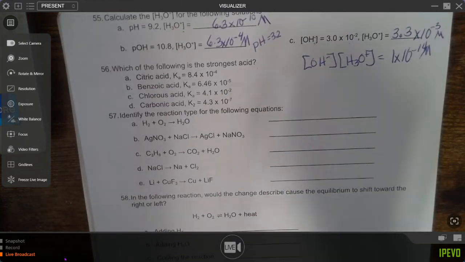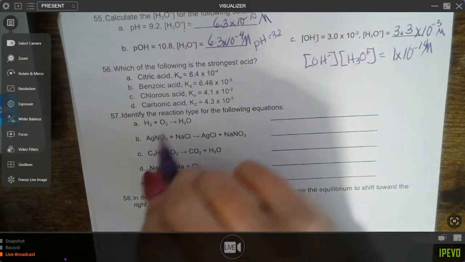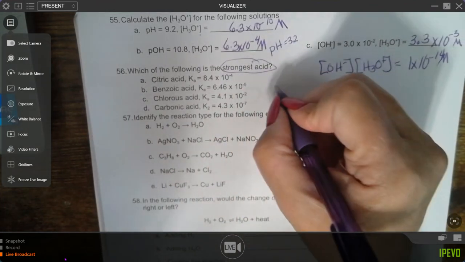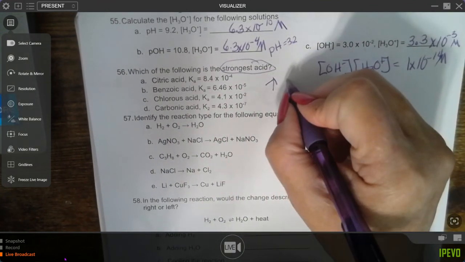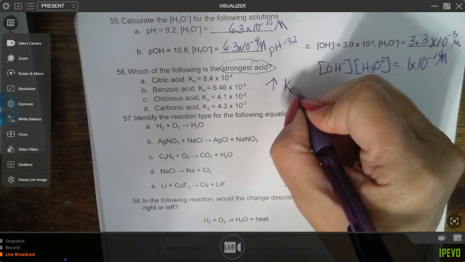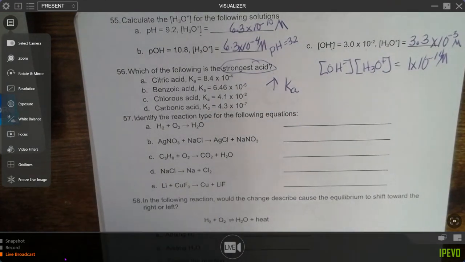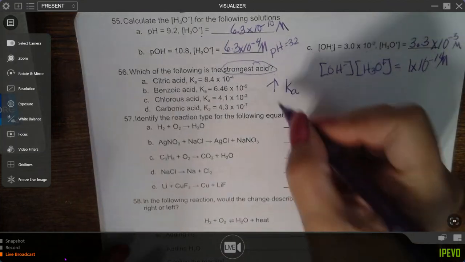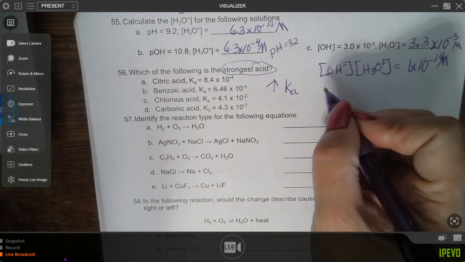Okay, this is a question you're going to see. Here's what you got to remember. The stronger acids have a higher equilibrium constant. These were the equilibrium constants that we did in our solutions unit, and realistically, you could calculate these, but I would rather you not take the time to calculate them.